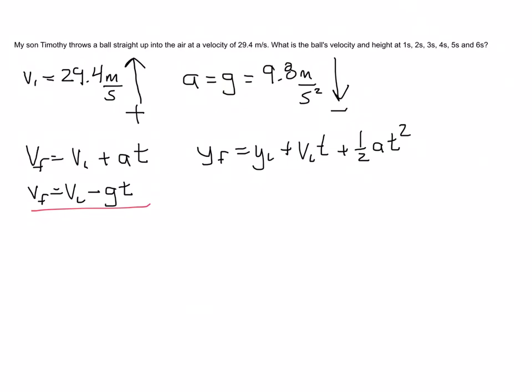I'm also going to say y initial is 0. So rewriting that, we get y final is equal to v initial times t minus 1/2 gt squared. The reason we are saying y initial is 0 is we are going to assume that my son is throwing the ball from the ground. In reality, he's probably throwing it from about 1 meter, but for easiness' sake, we're going to say 0.